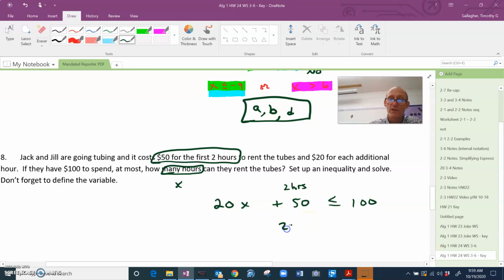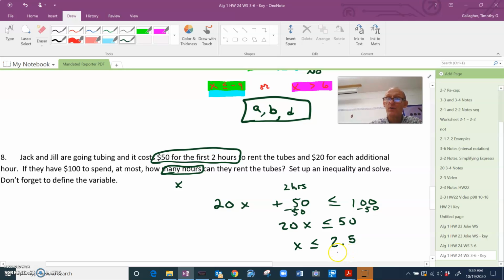Okay? So 20x is less than or equal to 150, or no, 50, because I subtract the 50 from both sides of the inequality. Okay? Divide by 20, and I get x less than or equal to 2.5.